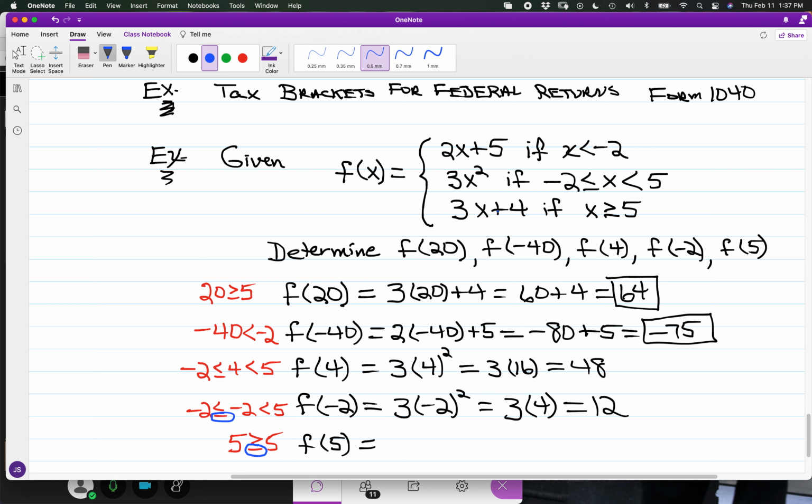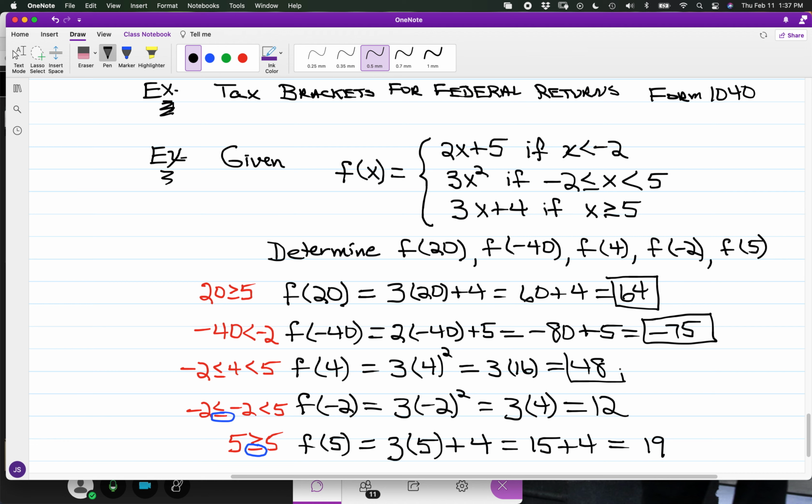So we're going to have the 3x plus 4 functional part, with x at 5. We have 3 times 5 plus 4. 3 times 5 is 15, and 15 plus 4 is equal to 19.